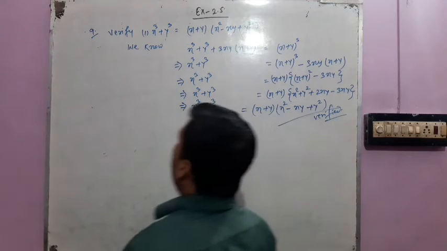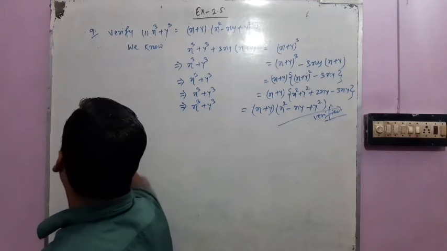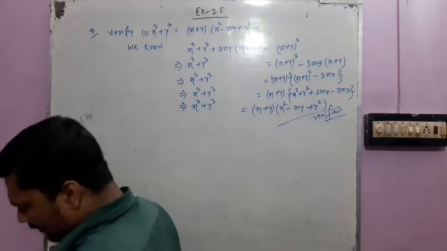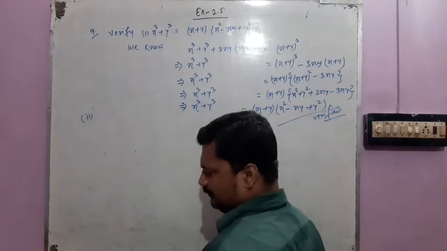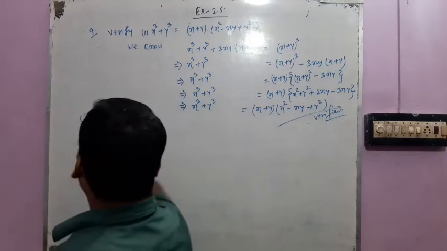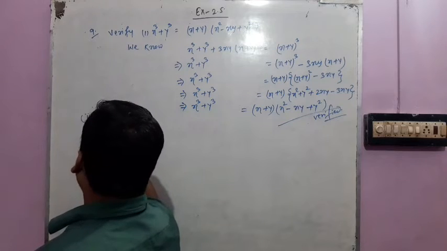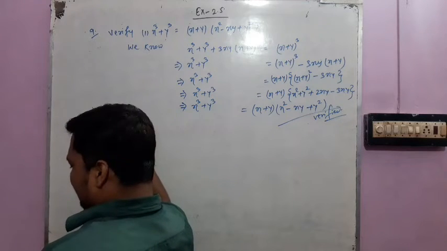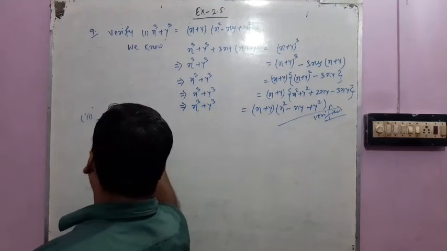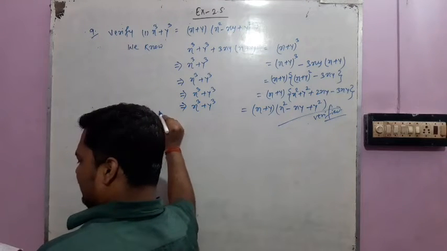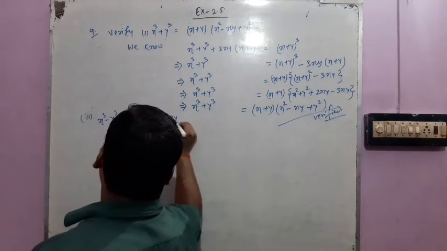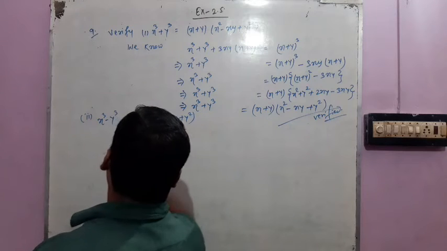In the same way, we have to solve the second part of the question. The second question is here, students: x cube minus y cube is equal to (x minus y) into (x square plus xy plus y square).